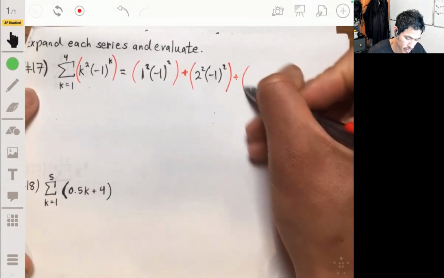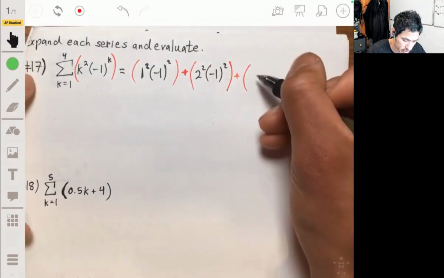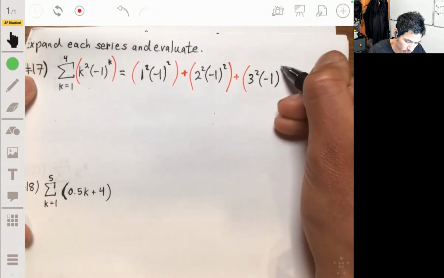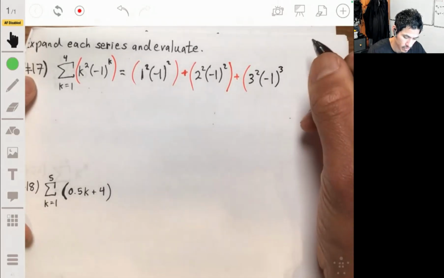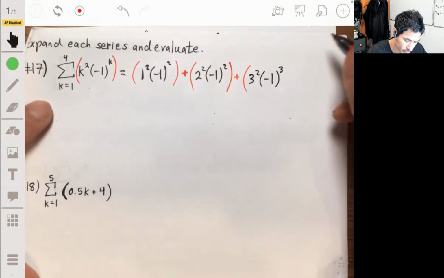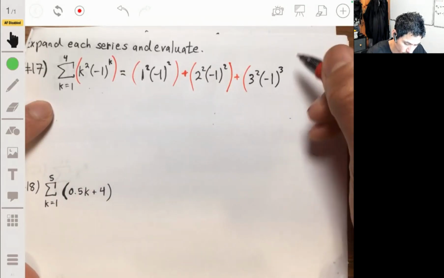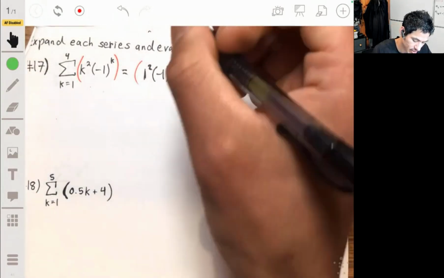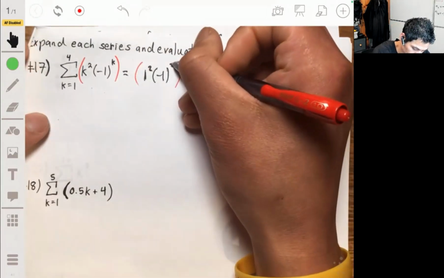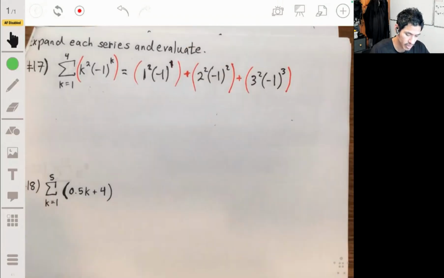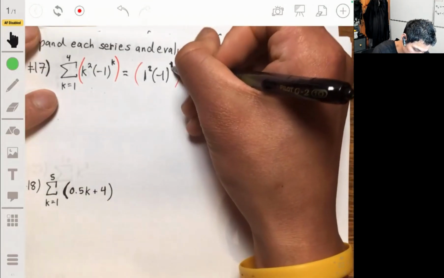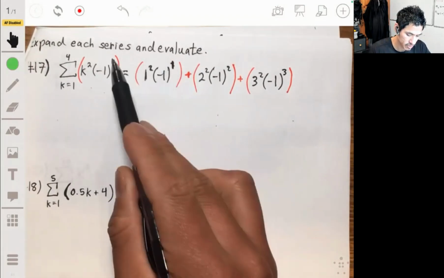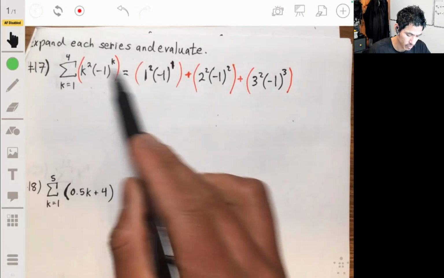For a3, you put a 3 where the k is. This will be equal to 3 squared times -1 to the 3. And I messed up on the first one. That should be a 1. My bad. So 1 where the k's are. 1, 2, 3.